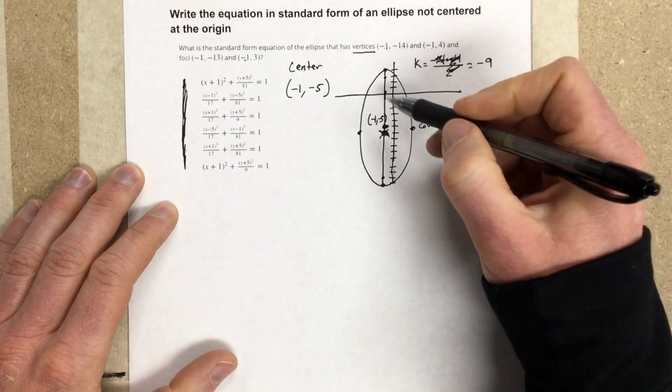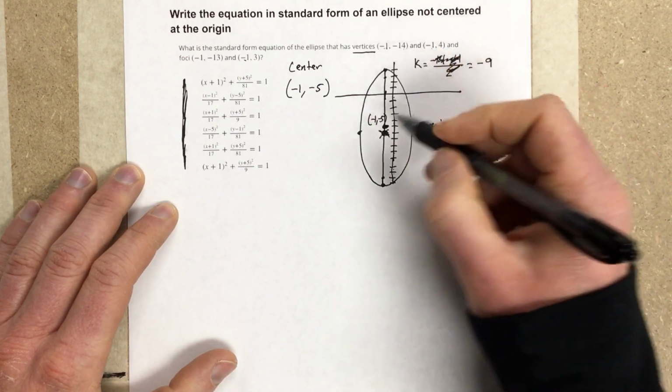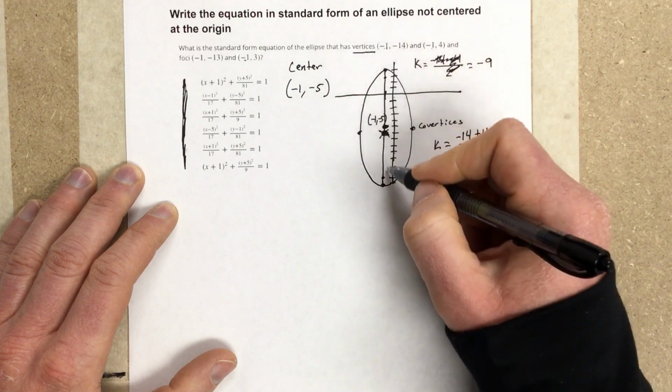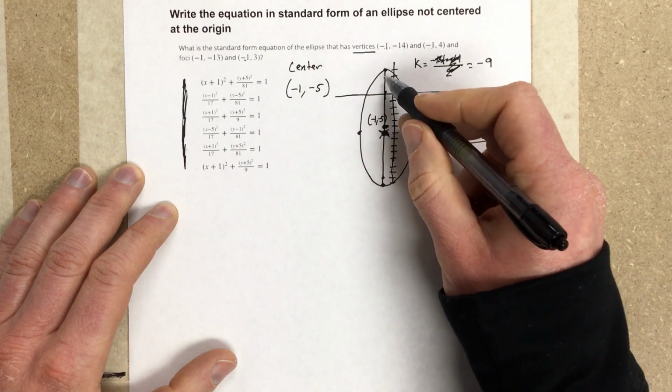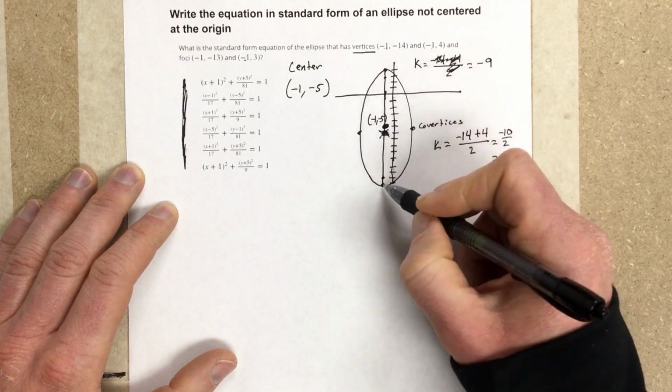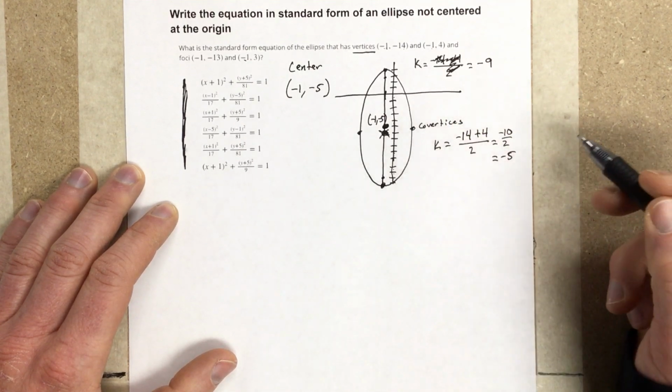Okay, can I figure out what b squared is? Well, b is going to be the distance from the center, which would be right here, to one of the endpoints. So what is that distance?